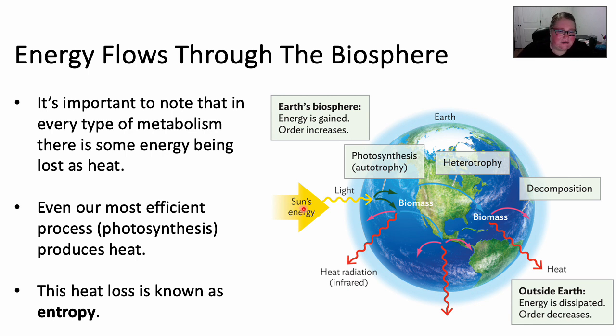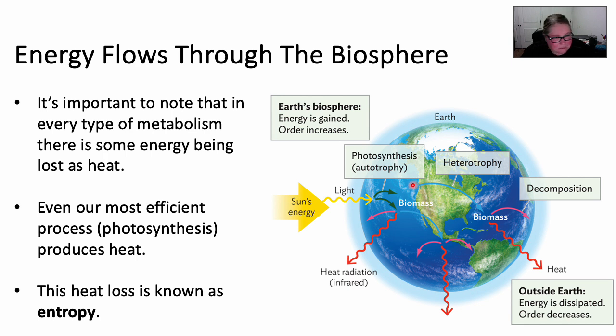We have the sun's energy coming in to Earth, and our photoautotrophs, the autotrophs that do photosynthesis, take this energy from light and use it to make biomass, organic compounds like glucose.